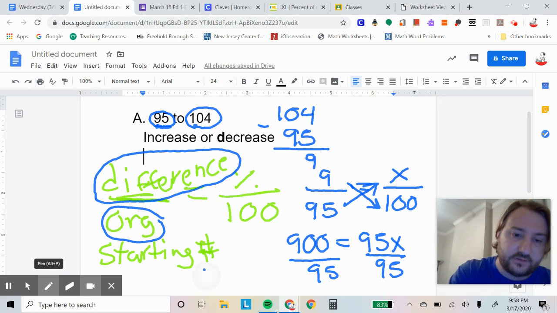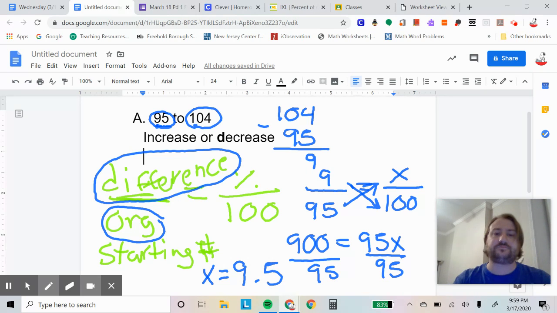So our X is going to equal 9.5 percent. What that means is this number increased 9.5% from 95 to 104.